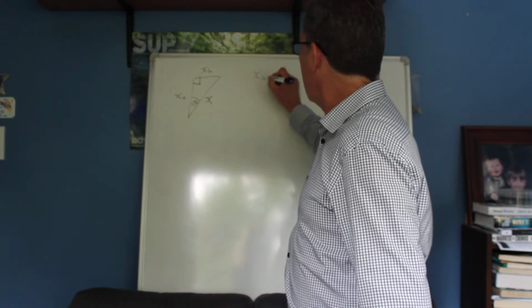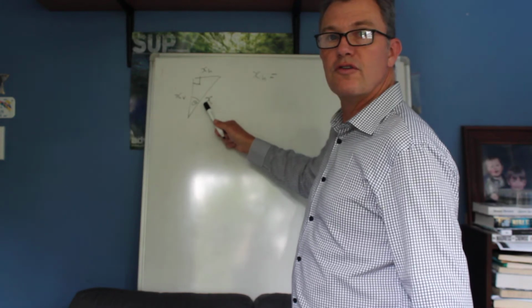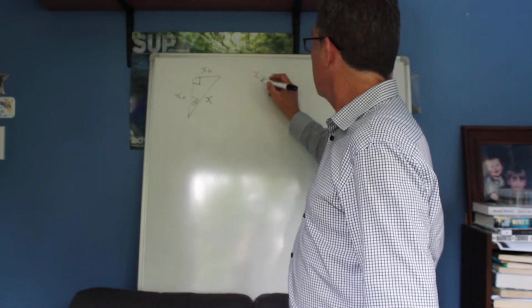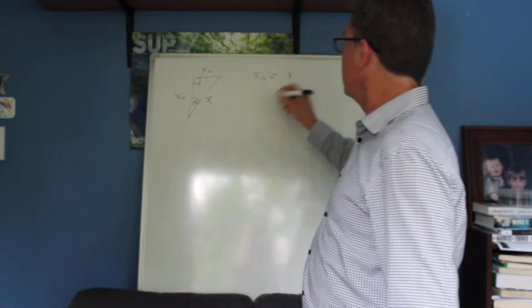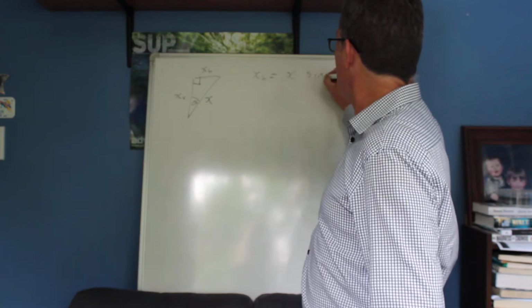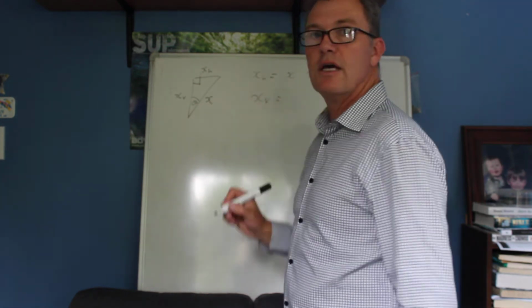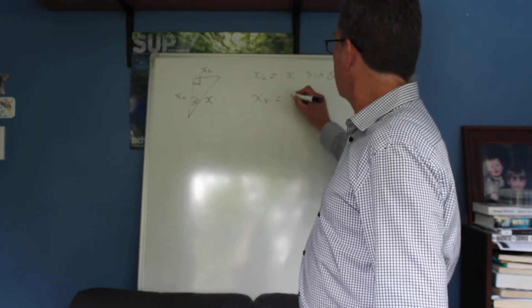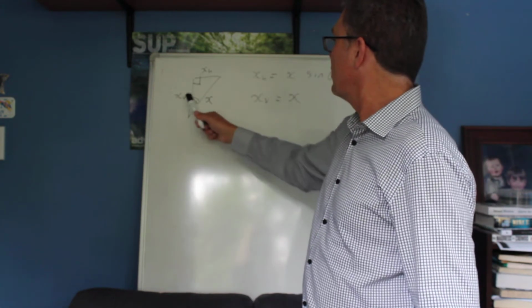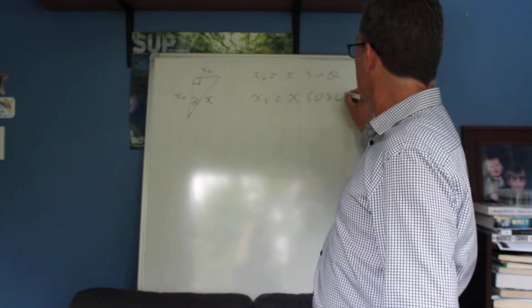For xh, there's the opposite, there's the hypotenuse, so xh equals x sine theta, opposite over hypotenuse. xv will be x, take a guess, it's the adjacent over the hypotenuse, so it's going to be cos theta.